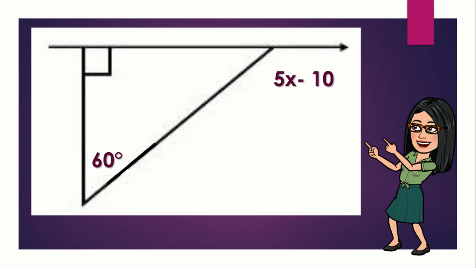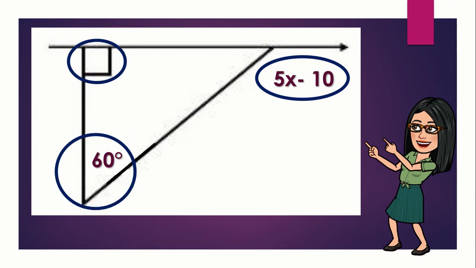In the illustration, an exterior angle measures 5x minus 10, and its remote interior angles measure 90 degrees and 60 degrees respectively. How are we going to solve for x? What property of triangles are we going to use to solve for x? Let us solve this illustration in the next part of the lesson.